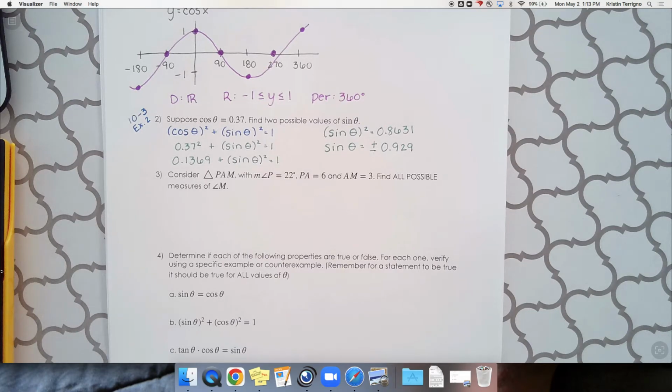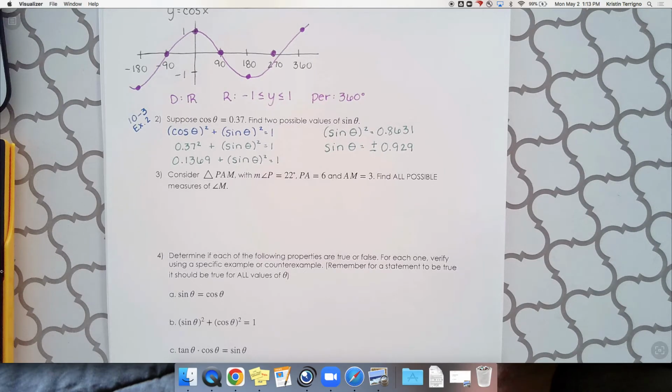And so this 68.3, that's this angle. So you know that this is 68.3, but there's another angle that could have a cosine of 0.37. So if you want to go this route, that's okay, but you have to know at the end that it's not going to spit out the plus or minus for you. You have to remember to add that on there. There's a way you could figure out what this theta was.